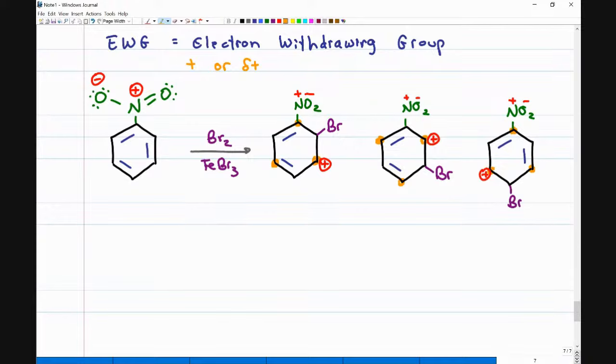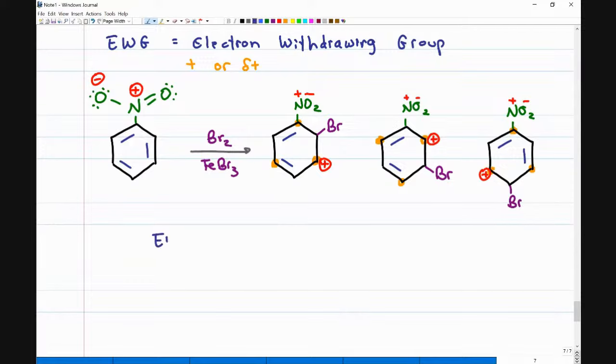So first we have to take into consideration the fact that the carbocation is a positive sigma complex. We have positivity in the ring right next to a positive group next to the ring. That automatically makes it so unhappy because I have a positive next to a positive.